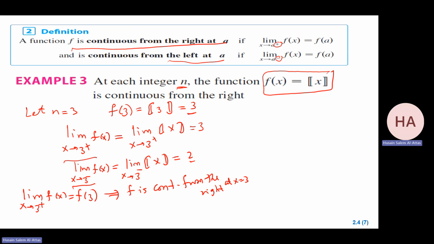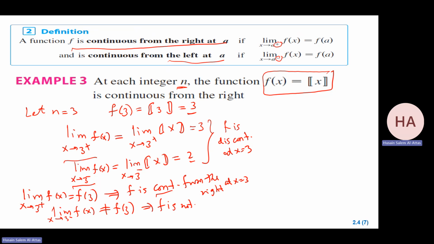We know that f is discontinuous, because the limit does not exist. f is discontinuous at x equals 3 in general, but from the right, it's continuous. From the left, it's not continuous, since this is not equal to f of 3. So f is not continuous from the left at x equals 3.